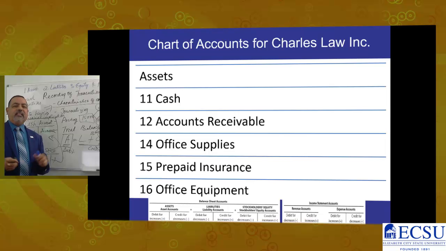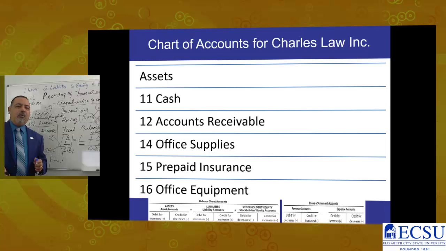So as you can see, this is a typical chart of accounts for Charles Law Incorporated. They have cash. Now, you may wonder why we are using 11 rather than 100. It all depends upon how many accounts you might have in your list. If you have a big company, probably you might start with 1001 or maybe 1,000,001 if you have several asset accounts.